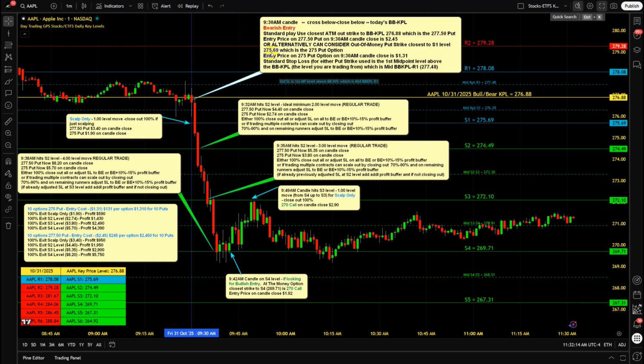Okay, so we have a cross below, close below. If you're going to take this trade on the 9:30 a.m. opening candle, this is your bearish entry signal. And when you have an entry signal, whether bullish or bearish, there are always going to be a couple of strikes that you can take on your option play.